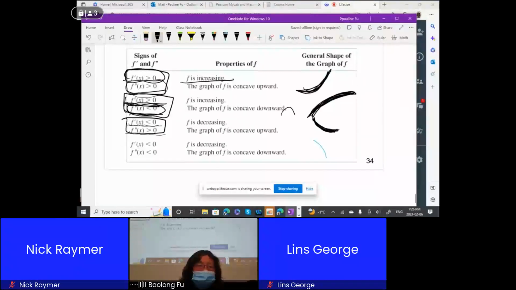Last situation. The first derivative is smaller than 0, decreasing, and the second derivative is smaller than 0, concave down.